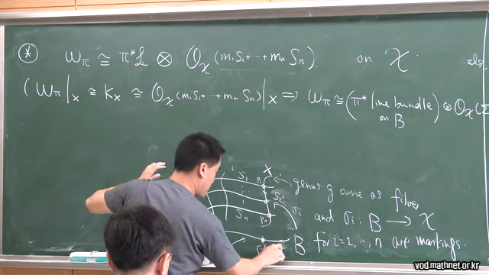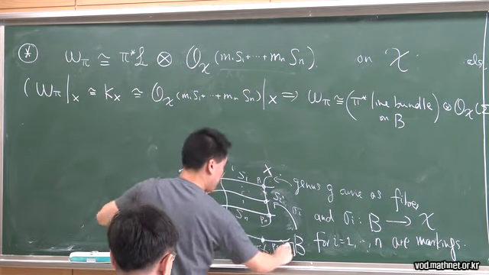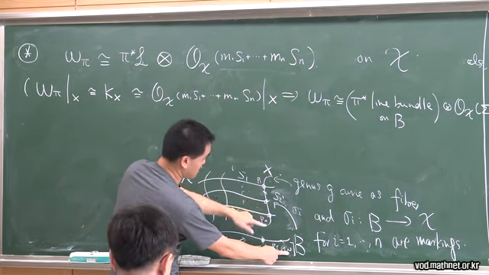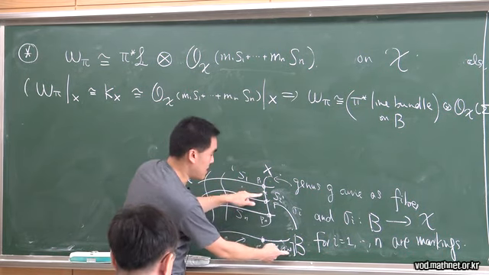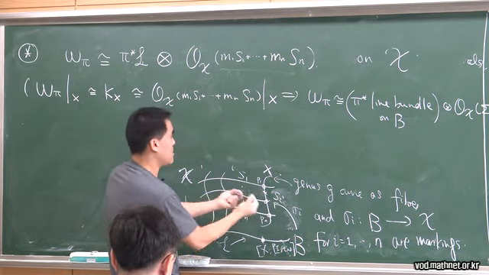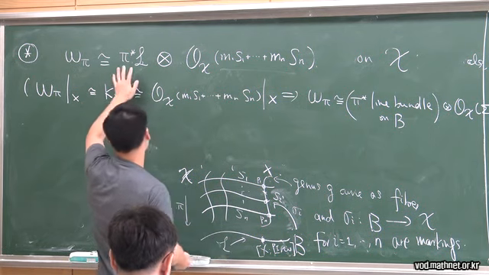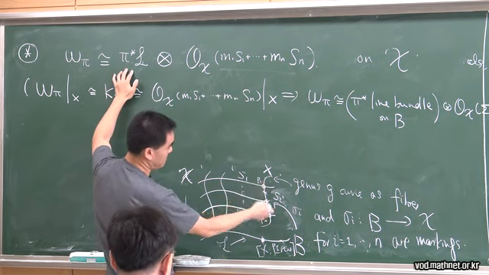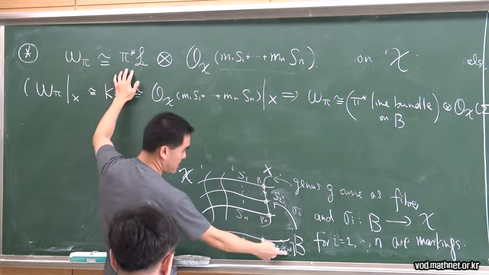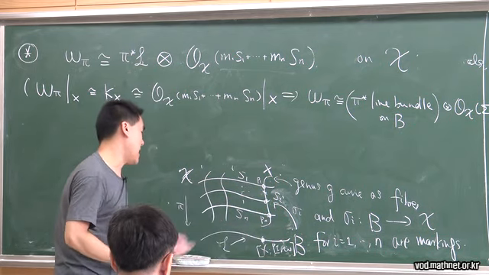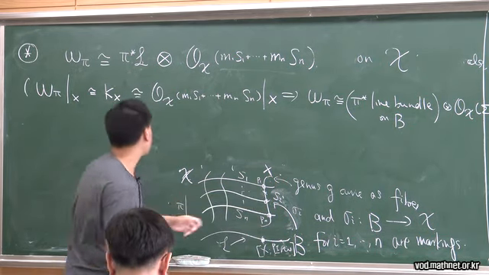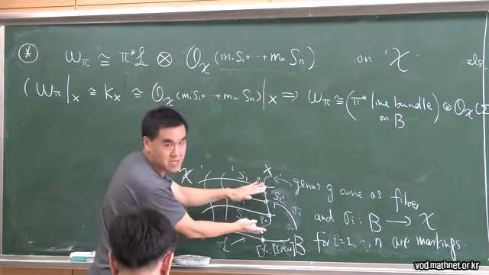I should put omega here as well. If omega is not zero and has no pole at that point, I can use omega to span the one-dimensional fiber. So away from the markings, away from the zeros or poles, this omega can also span the cotangent line at that point. In other words, these two are really the same away from the sections Si.